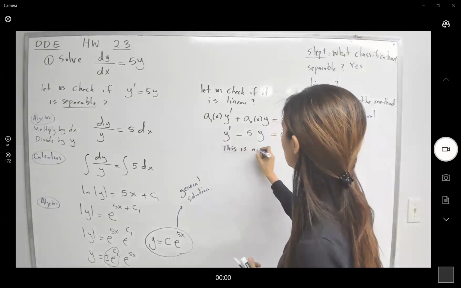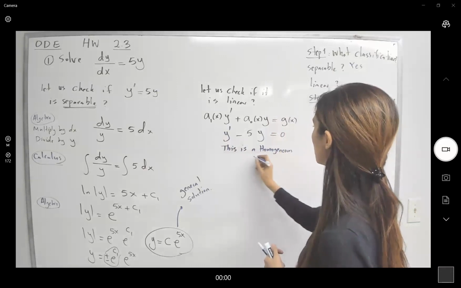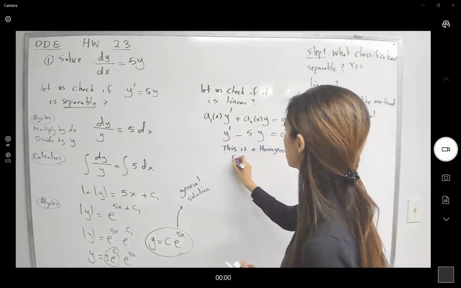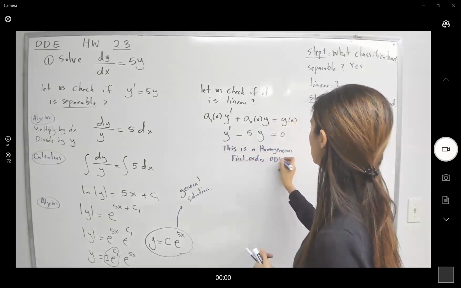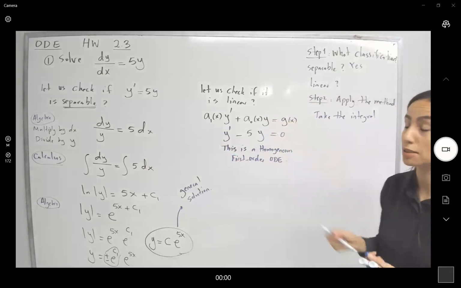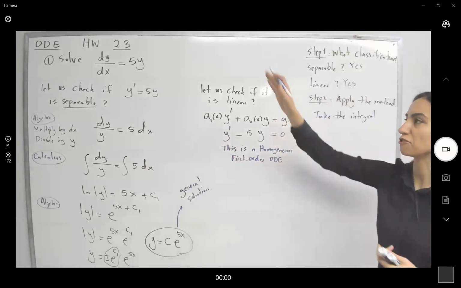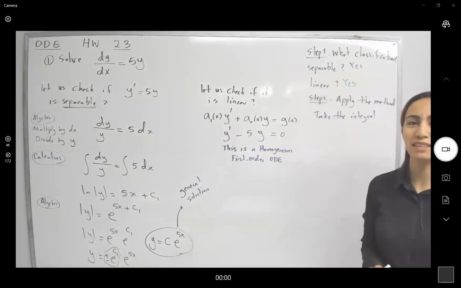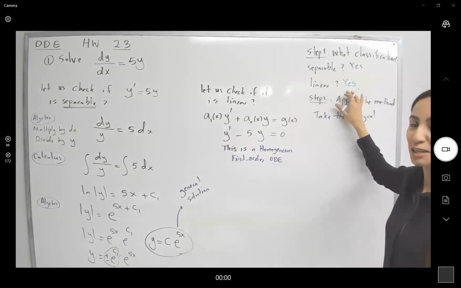This is a homogeneous first order ODE. Okay, so the answer is yes. As we solved this differential equation using the separable method, we can solve this differential equation using the linear method as well.